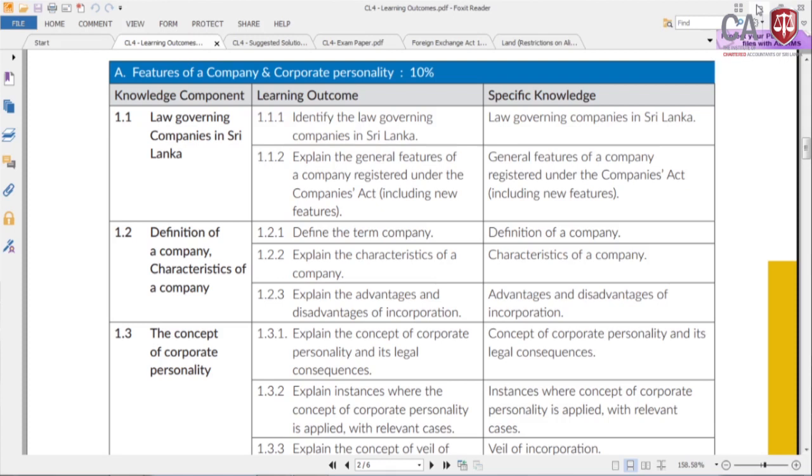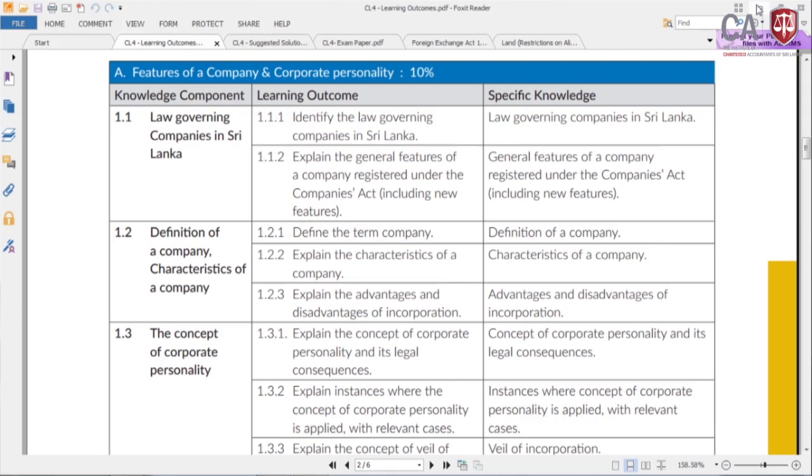Then definition of a company, characteristics of a company. You have now gathered the knowledge of defining the term company, which I have extensively dealt with. So now you need to have the specific knowledge of the definition of a company. Then explaining the characteristics of a company, where you have to have specific knowledge of the characteristics of a company.